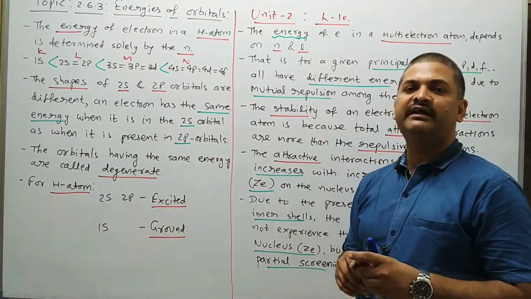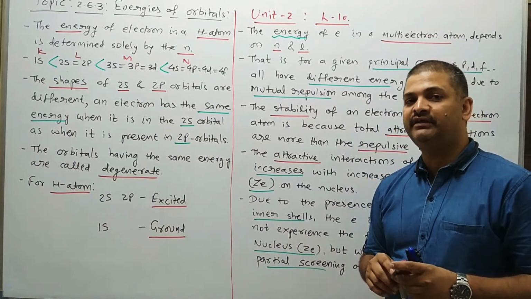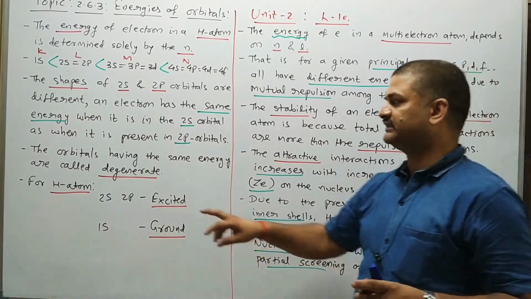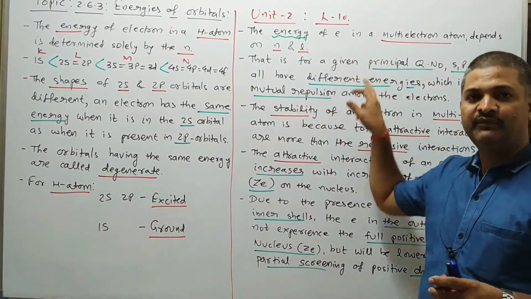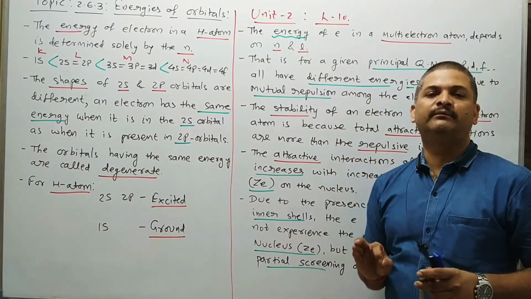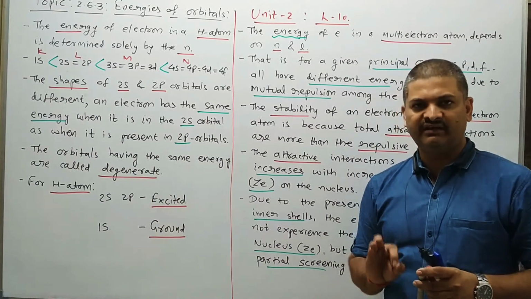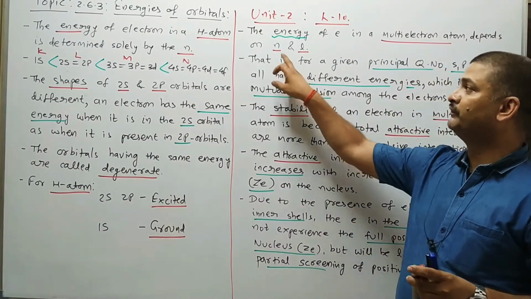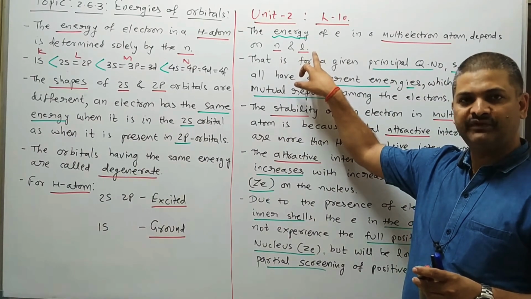So what is a multi-electron atom? Where the number of electrons is more than 1. This is mono, hydrogen is mono, and this one is multi. You have to remember one thing: energy is always related to the principal quantum number as well as the angular quantum number.